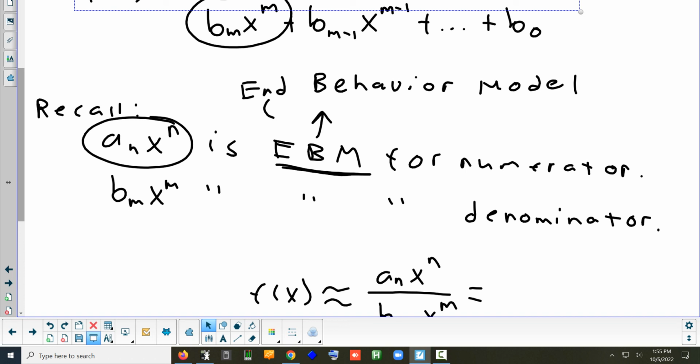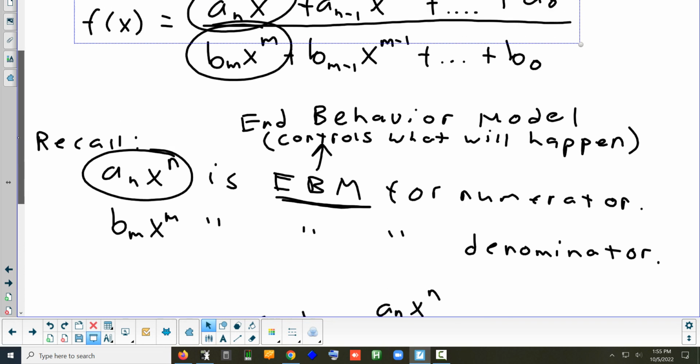And the EBM is what controls what's going to happen. Does it control every little detail? No. But overall, it controls what's going to happen.